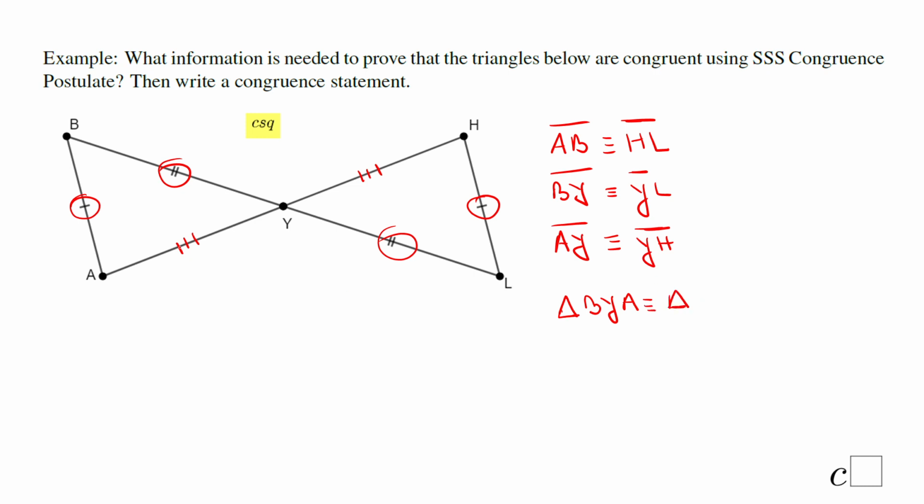Looking, we start with this B. Okay, the intersection of 1 and 2 marks sides, so that will be L. Then we have Y, which is the common vertex, and you notice either way in both triangles, Y is the intersection of the sides marked with 2 and 3 marks. Okay, so Y, and obviously the last one will be H, LYH. Very important to write the correct statement. And this is the information needed, remember that.